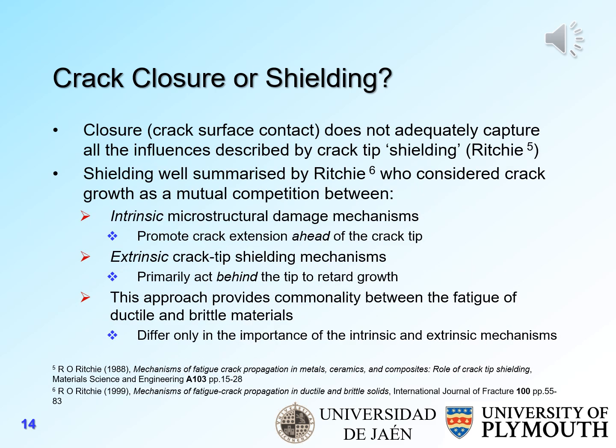A major problem with crack closure in terms of crack surface contact is that it doesn't adequately capture all the influences that are covered by crack tip shielding, for example the paper by Ritchie.